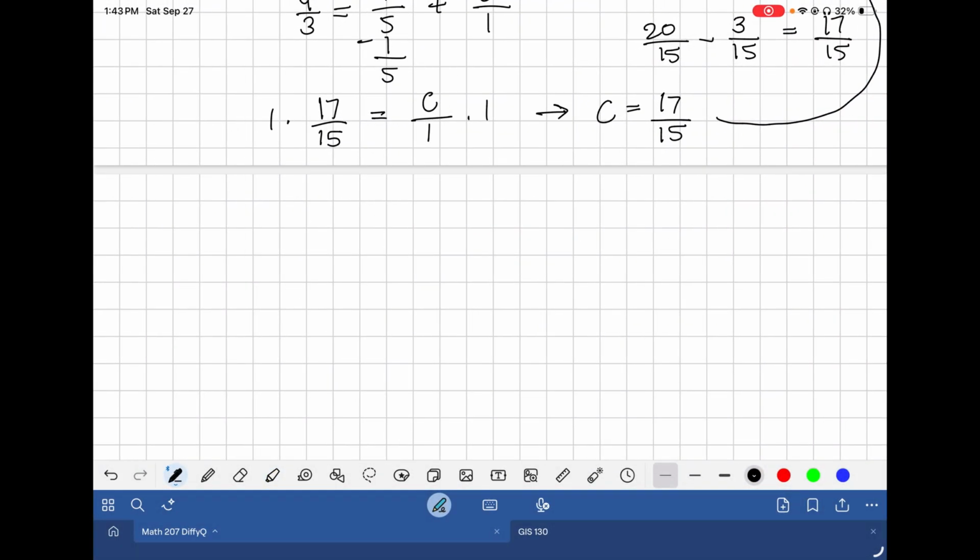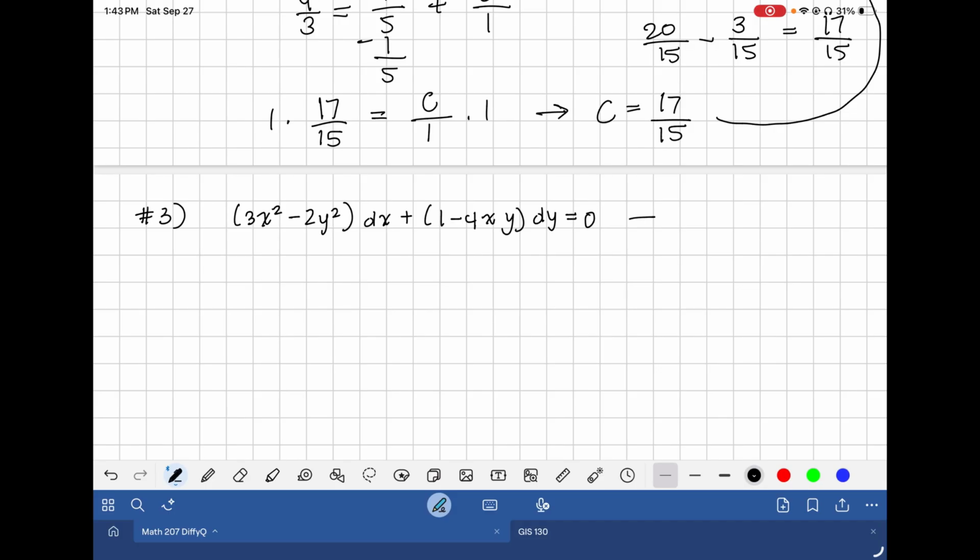Okay, for number 3, we have the equation (3x squared minus 2y squared) dx plus (1 minus 4xy) dy equals 0.